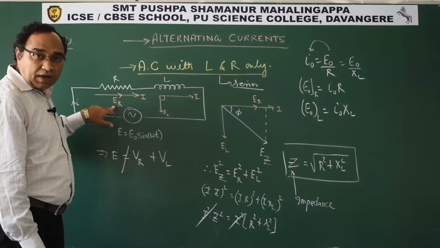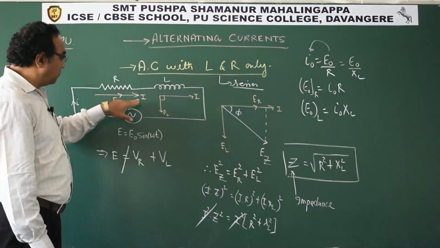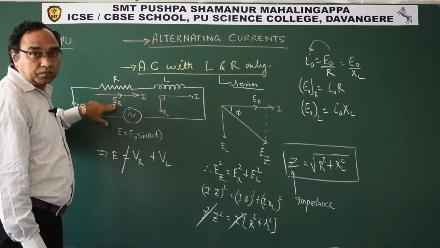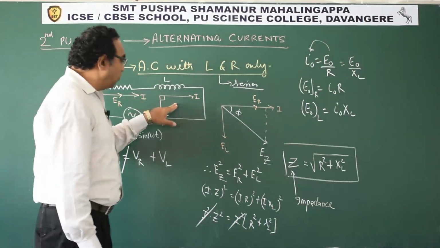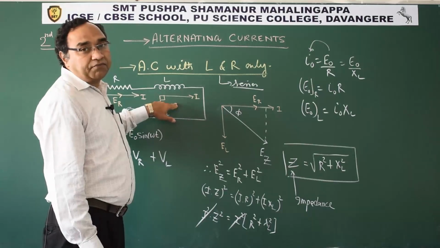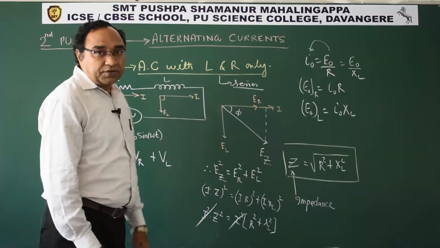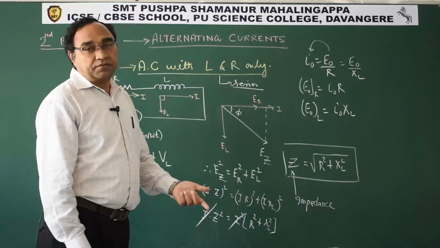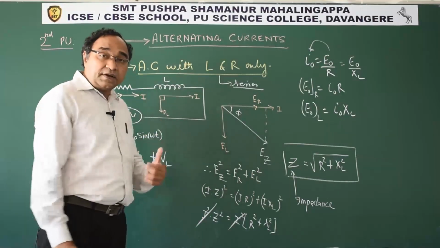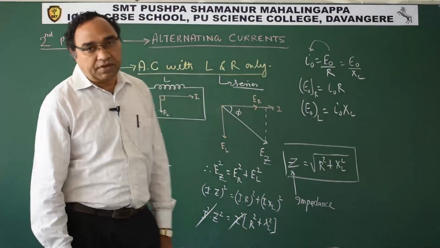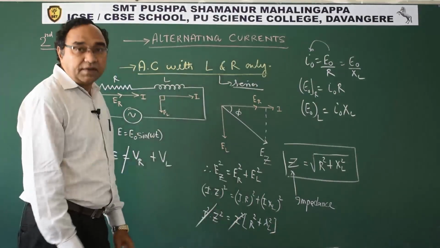In case of R only circuit, the phase difference between the current and the applied voltage is 0. Come to L only circuit. The phase difference between the current and the applied voltage is 90 degree, where we find that the current lags applied voltage by 90 degree. This we have seen in the previous class. We have done the derivation.